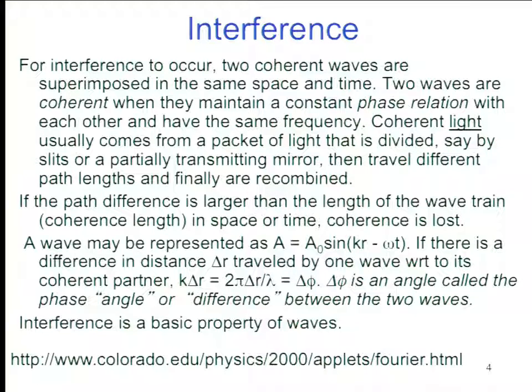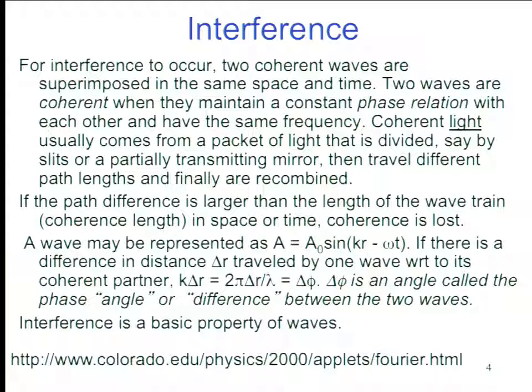But the cosine of pi over 2 is the cosine of 90 degrees, which is 0. So this factor is 0, so that the sum of A1 plus A2 is equal to 0, as predicted. So this formula, if you will, is the math behind adding the two waves.